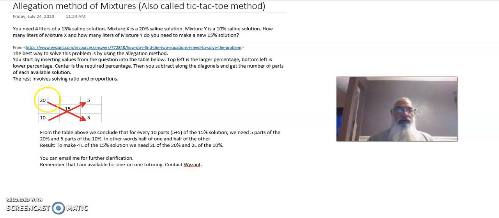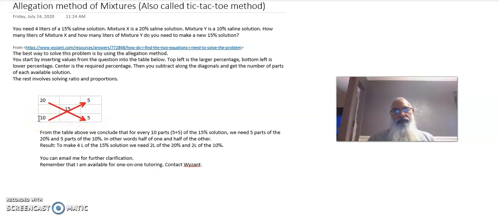We're just talking about taking the difference and keeping it positive. So if you have to do 20 minus 15, then that's what you have to do. And here is where you place the answer in the bottom right hand cell. So you start with the top left hand cell, take the difference between that and the center cell, and you place the answer in the right hand bottom cell.